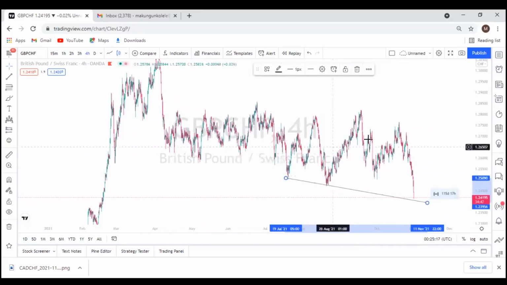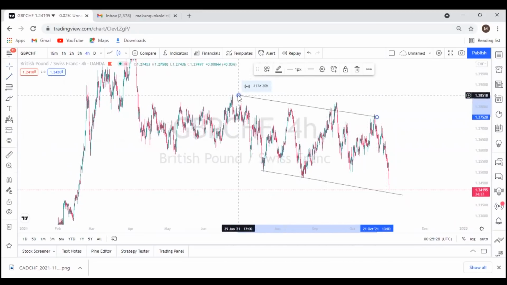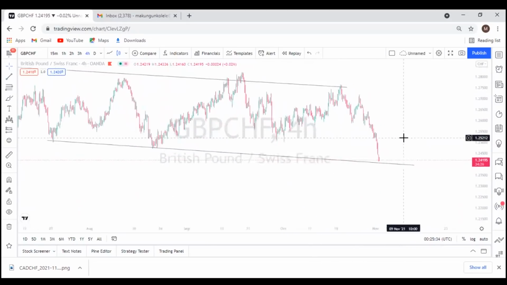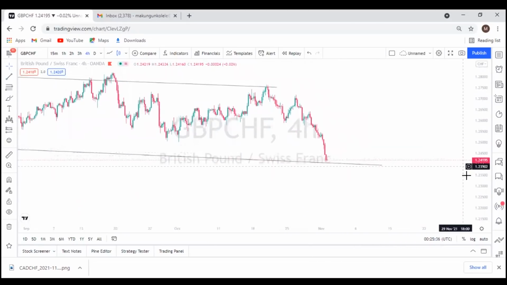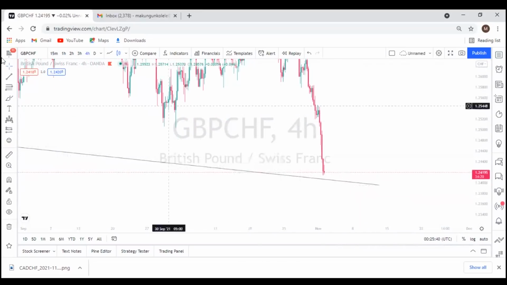reduce the trend line and have a nice 1 to 3 structure, just like that. So right now we are at the third touch of our structure, and we should be having nice rejections at this point.